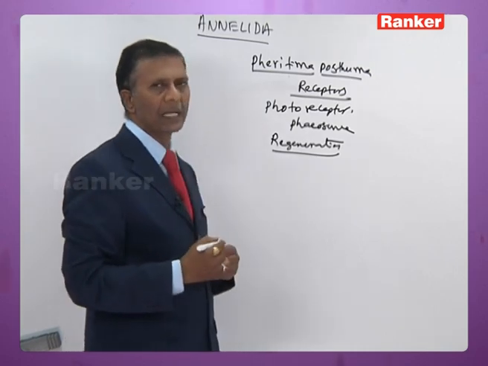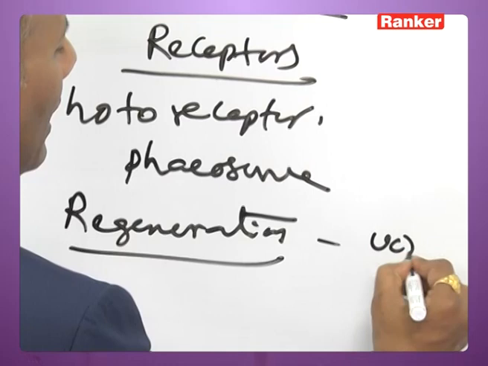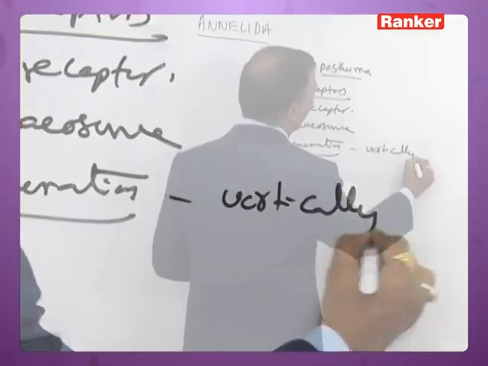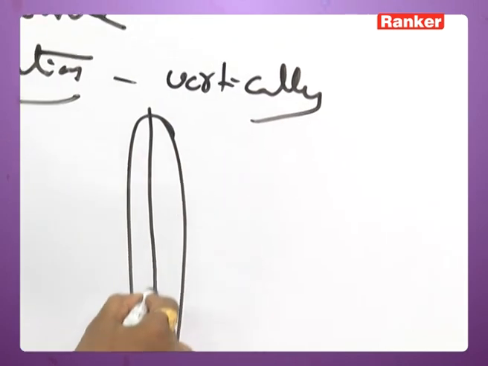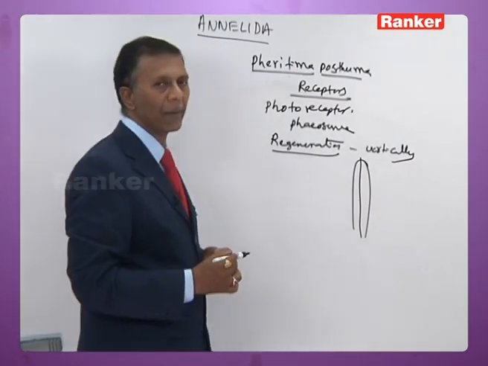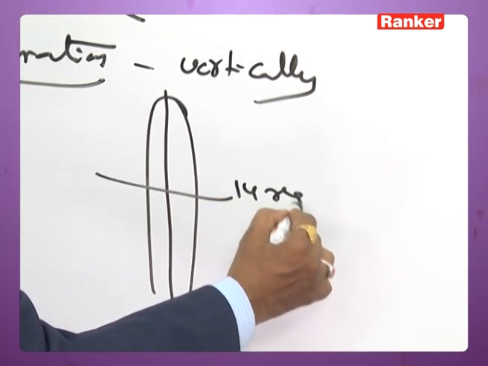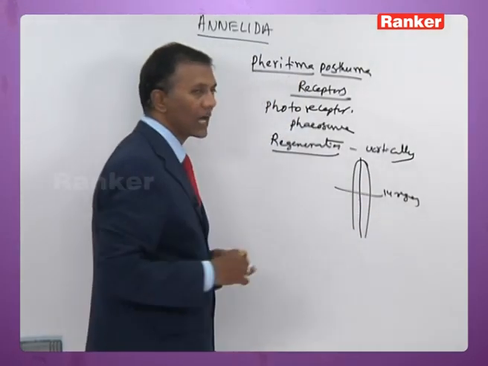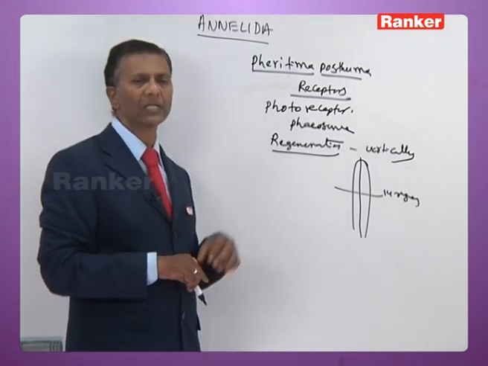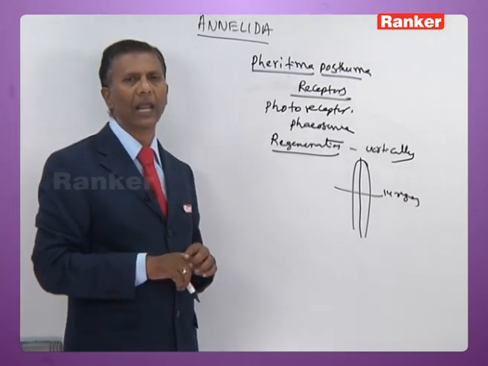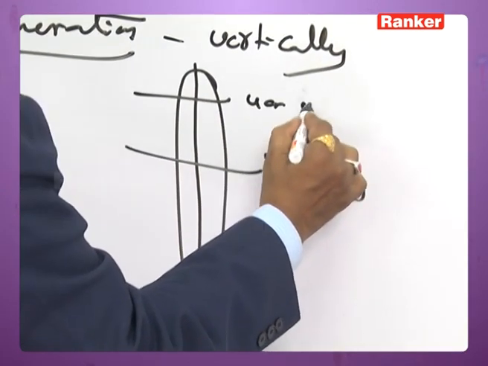The earthworm exhibits a limited power of regeneration. If it is cut off vertically, it loses regeneration capacity. When it is cut off transversely beyond the 14th segment, the posterior part perishes and only the anterior part remains alive.